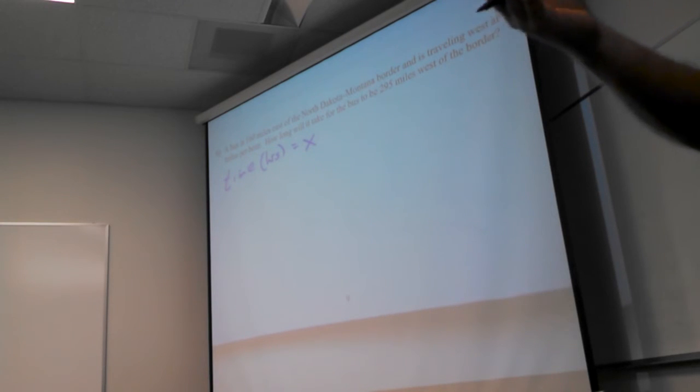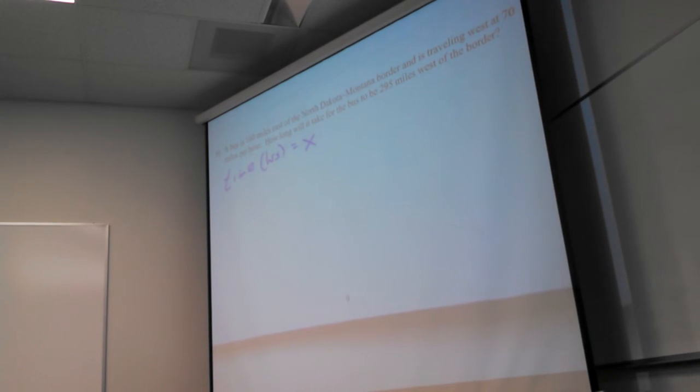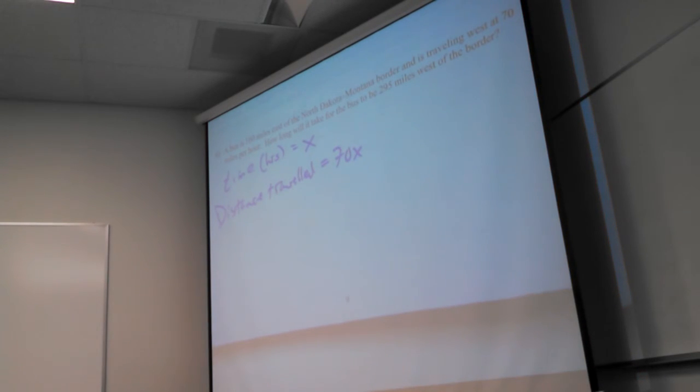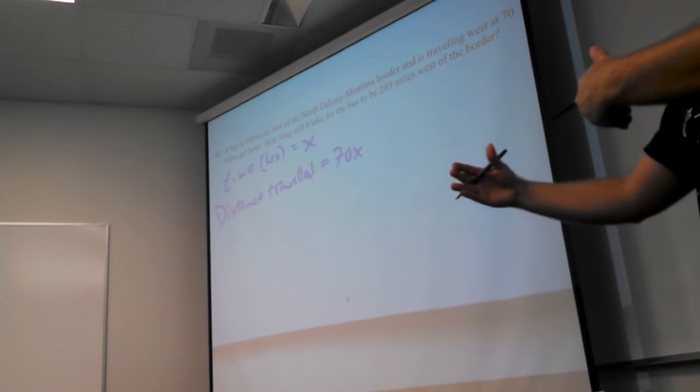Whatever number of hours it is, I'm going to multiply by 70. So after X hours, the distance we traveled is 70X. So what I'm doing right now is trying to build to my equation. So what I really want to know is, what does the 295 miles represent?